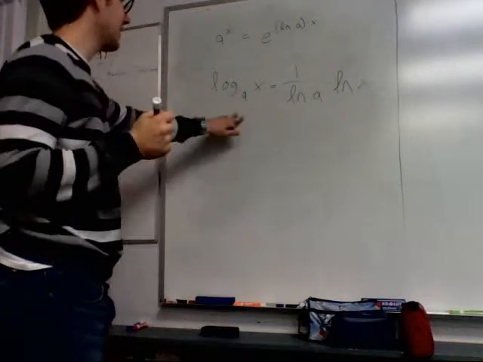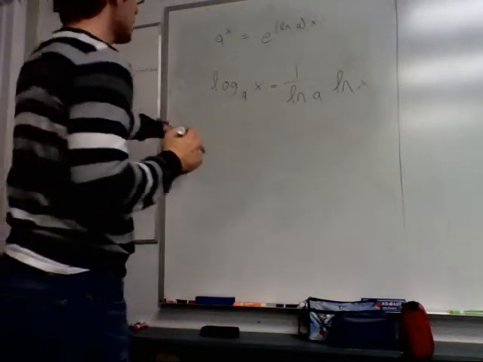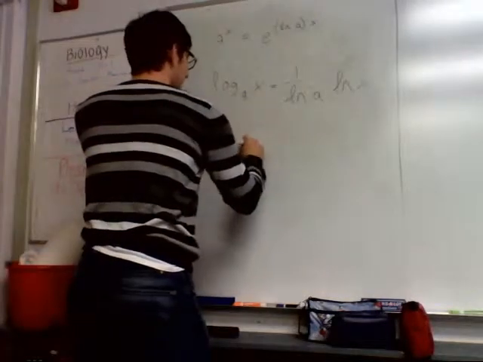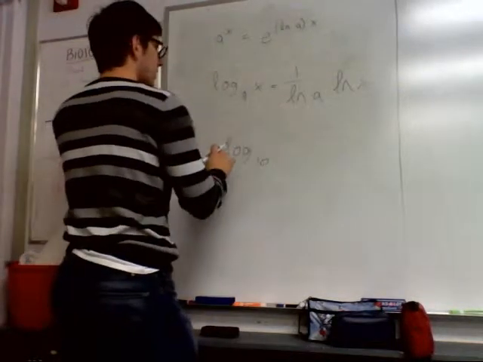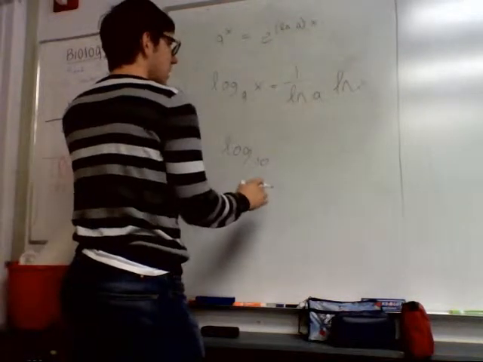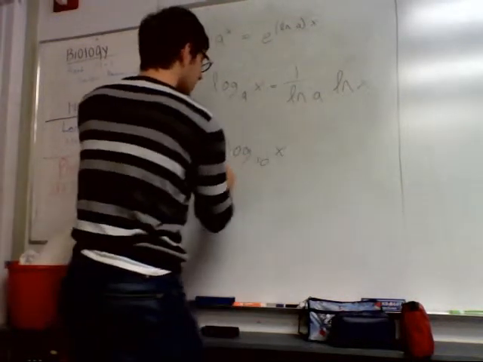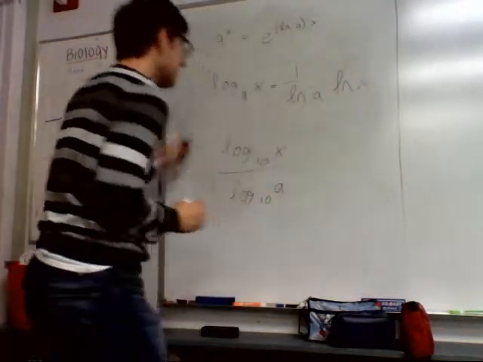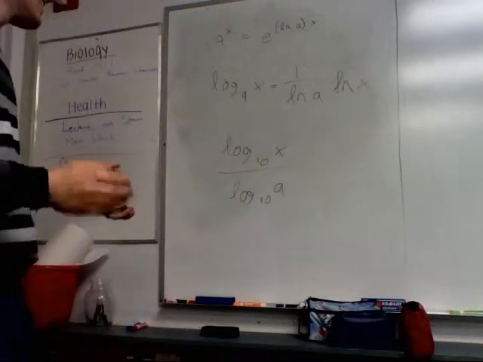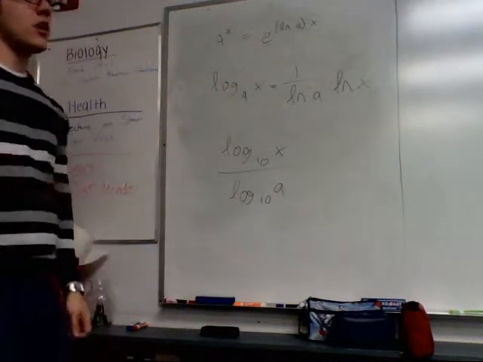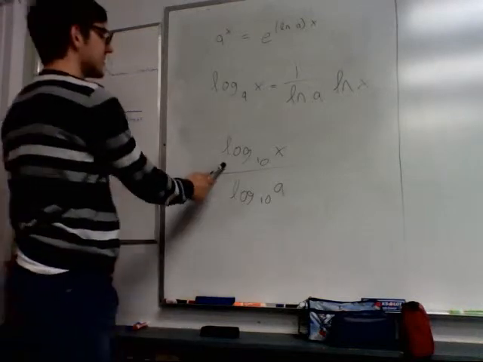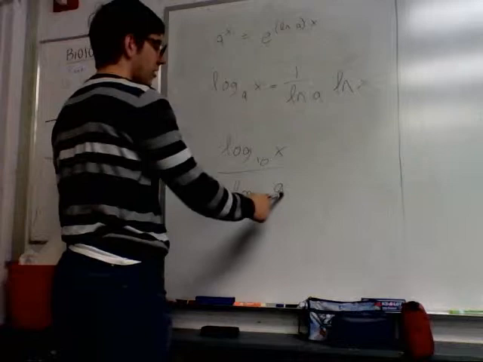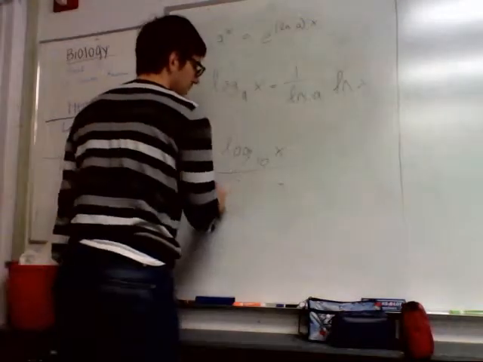So if you want log 10 of something, if I had log a of x, I would want log 10 of x over log 10 of a. That's the equivalent, okay? I don't know if that makes sense, but basically if you want a logarithm with a base of anything, this is the equation to follow, where you take log 10 of what you're looking for divided by log 10 of a, and it's an equivalent representation.